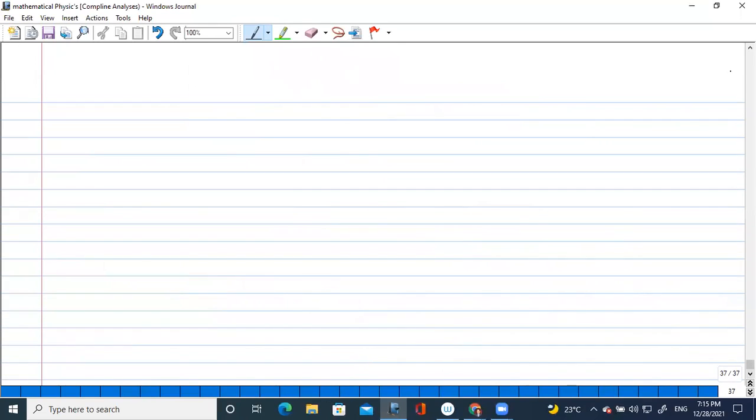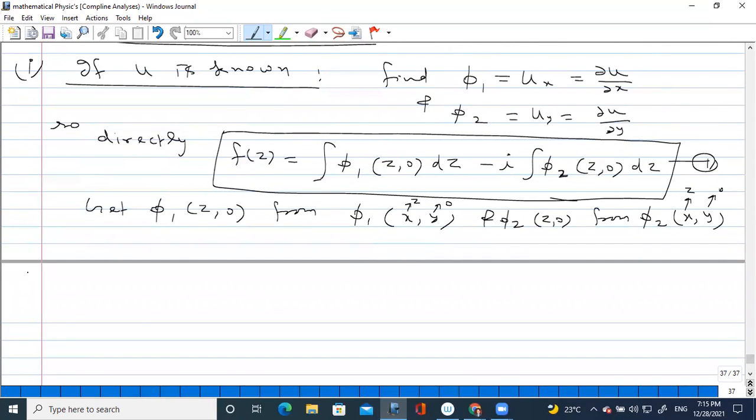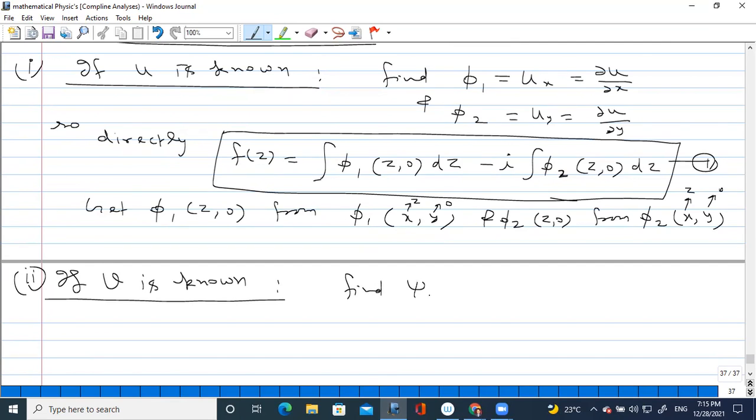Okay, so now next is if v is given. If v is known, then you have to find psi1.